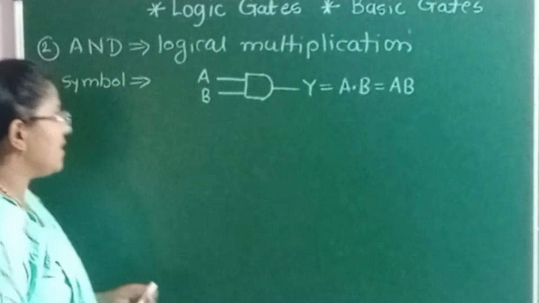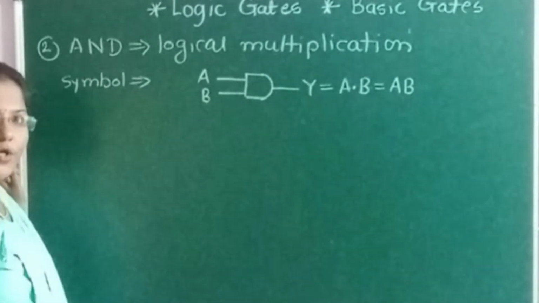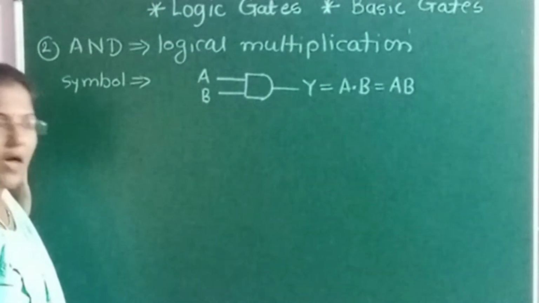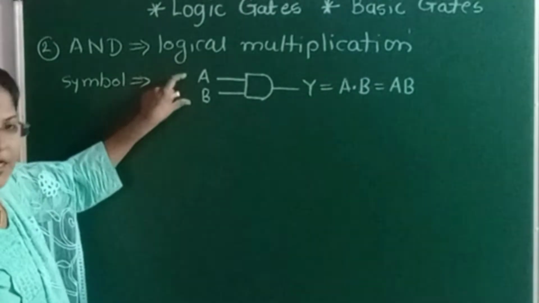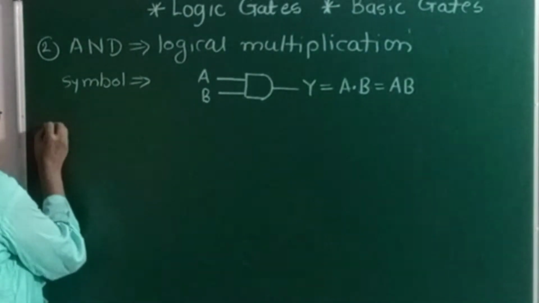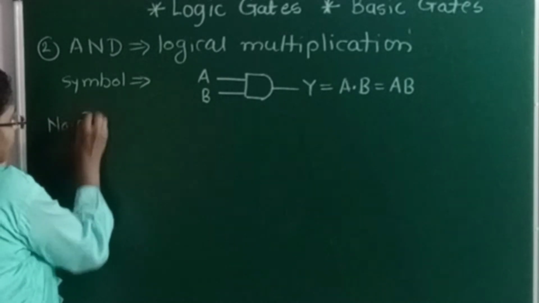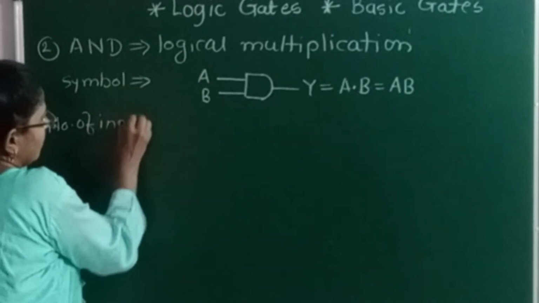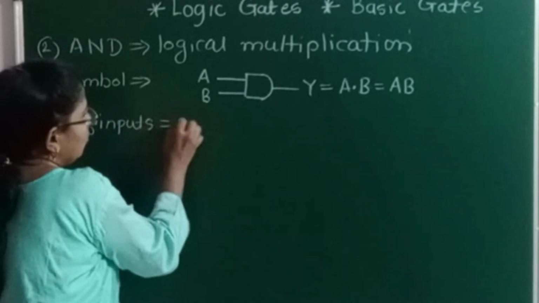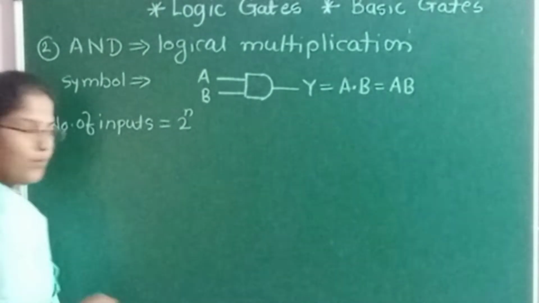Now the next thing is that we are going to see the truth table. But before going to see the truth table, we should know how many input combinations will be there. Okay. So to find out the input combinations, I will write number of inputs equal to 2 raised to n, where this n is nothing but the number of inputs.